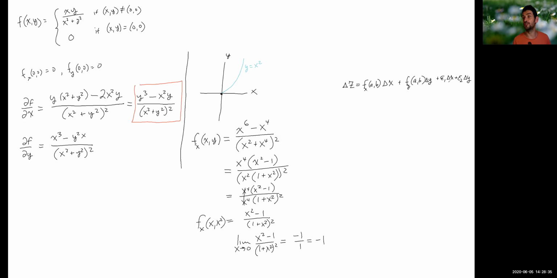So these error functions aren't shrinking as you approach 0. They're staying the same. And so that's one of the issues with this function not being differentiable there. So it's not sufficient to just say we have partial derivatives.